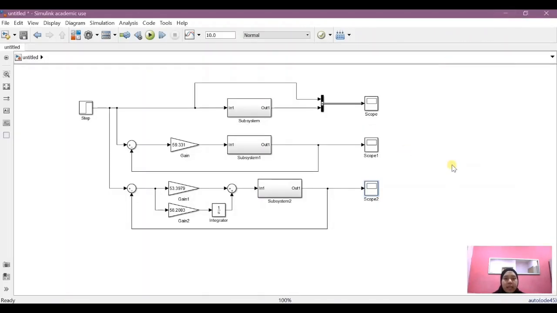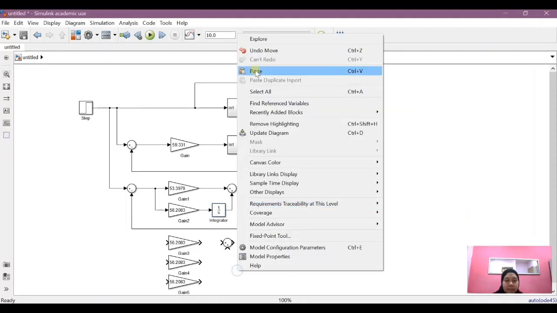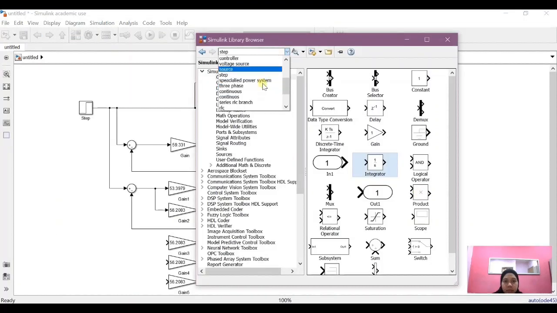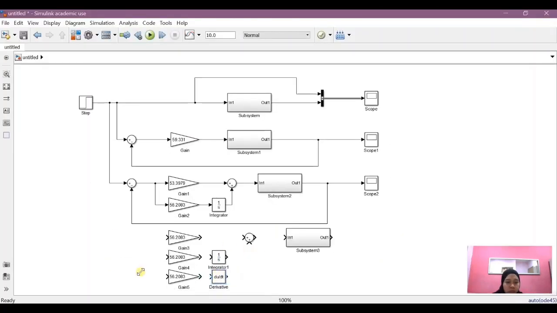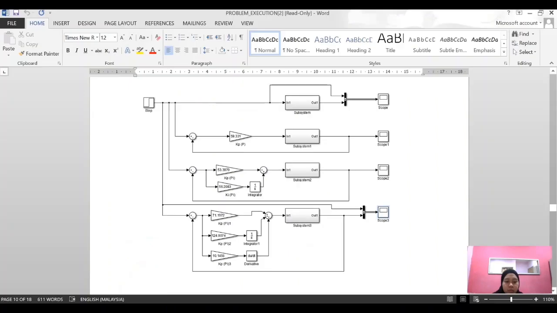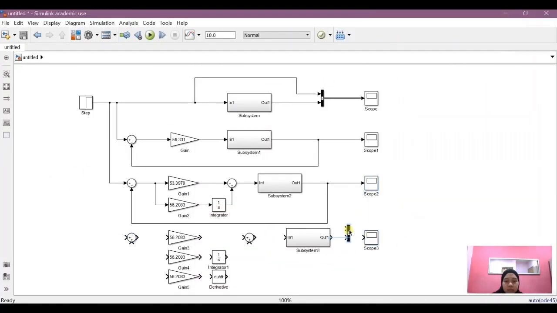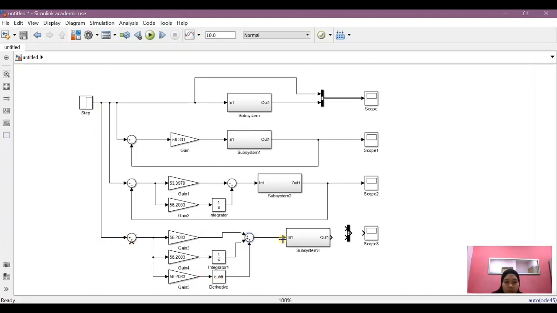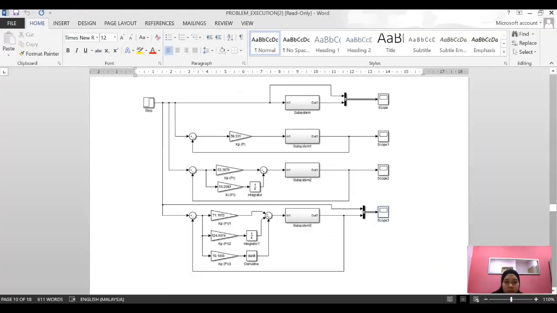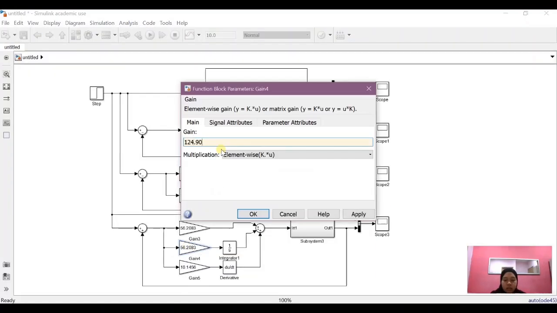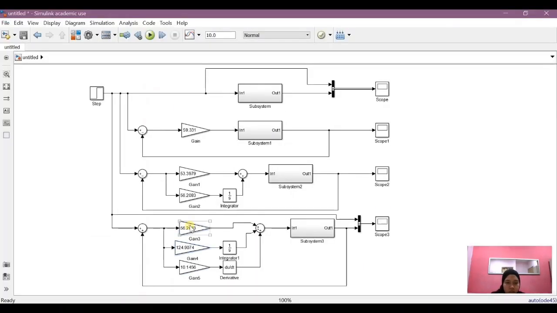Okay, next we will go through the PID controller. Okay, this is our PID controller block diagram.